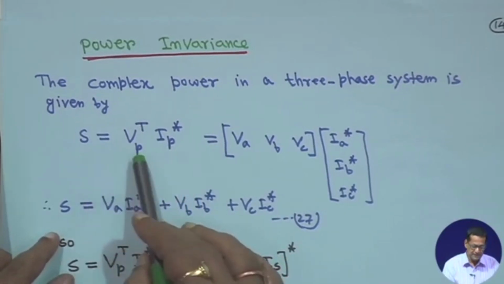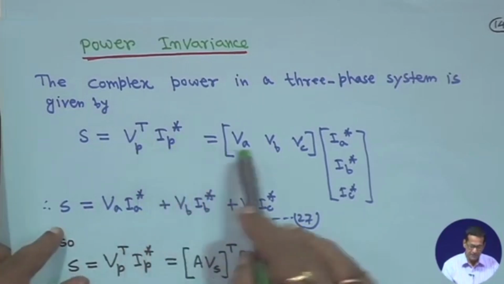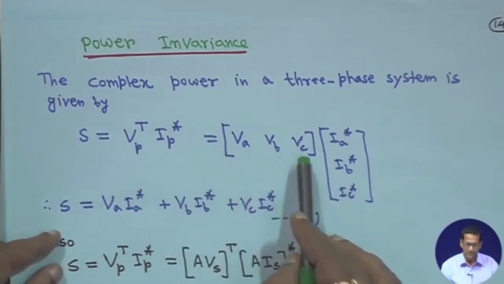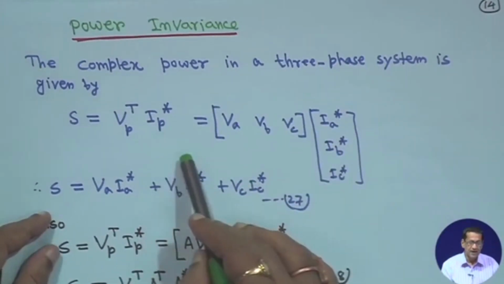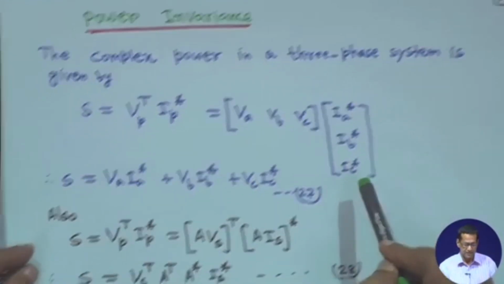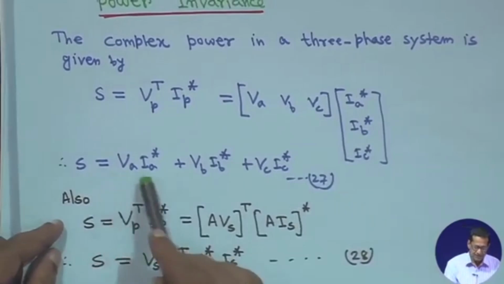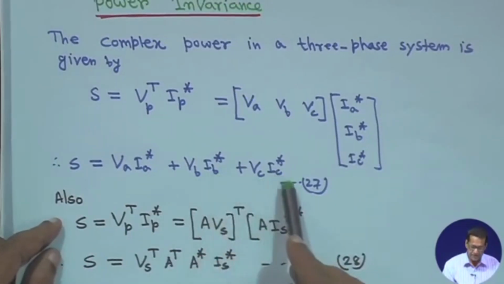So, we can write S is equal to V p transpose I p conjugate, where V p transpose is V a V b V c, and I p is I a I b I c, so taking the conjugate, I a conjugate, I b conjugate, I c conjugate. Multiplying, you will get S is equal to V a I a conjugate plus V b I b conjugate plus V c I c conjugate, this is equation 27.